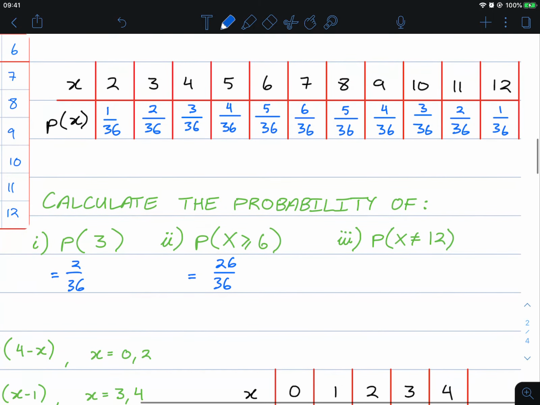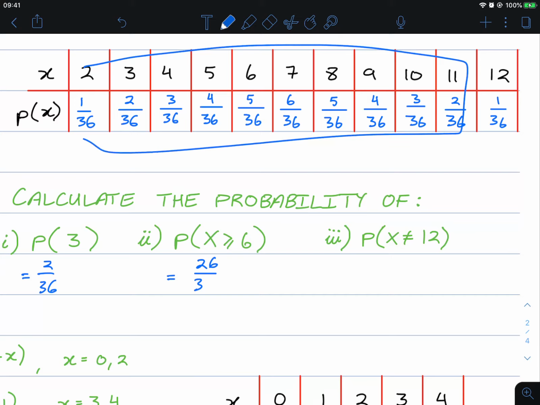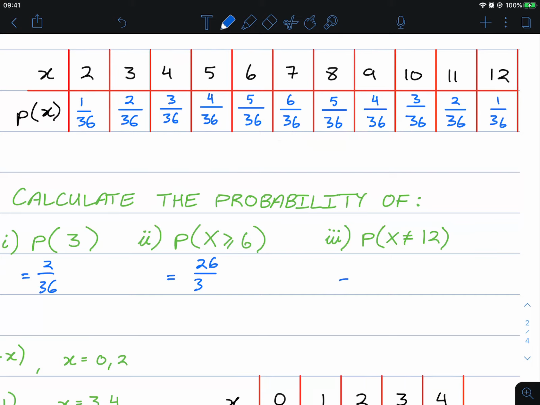The probability of not 12, or the results not equaling 12, that means it's just everything else here. Well, that's the same as 1 minus 1 in 36, which is 35 in 36.